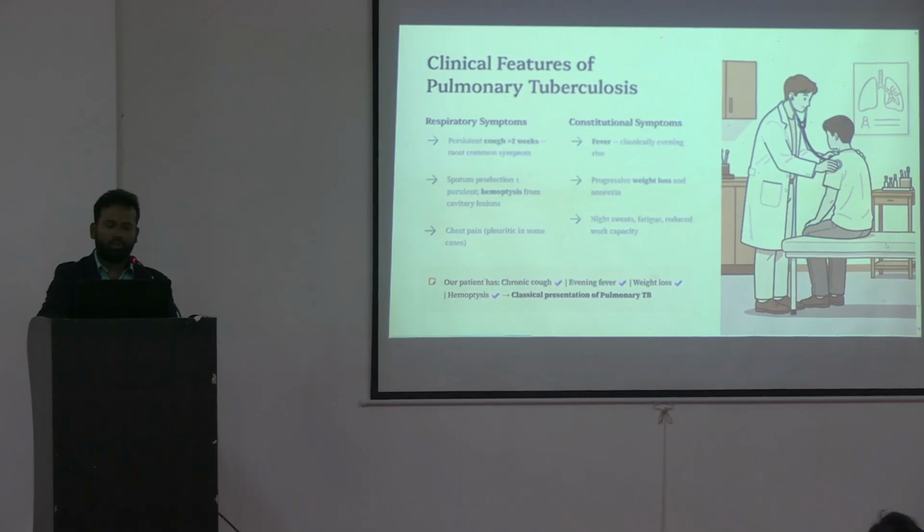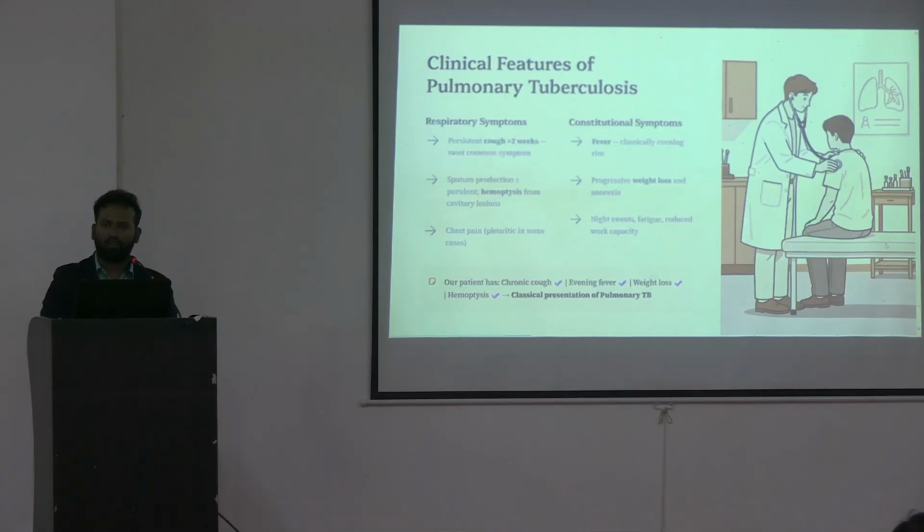Clinical features of pulmonary tuberculosis: for respiratory symptoms, a persistent cough of more than 2 weeks. The most common symptom is sputum production, plus or minus purulent, hemoptysis, and there might be chest pain, which is mostly pleuritic in some cases. Constitutional symptoms like fever, classically an evening rise fever, and progressive weight loss and anorexia.